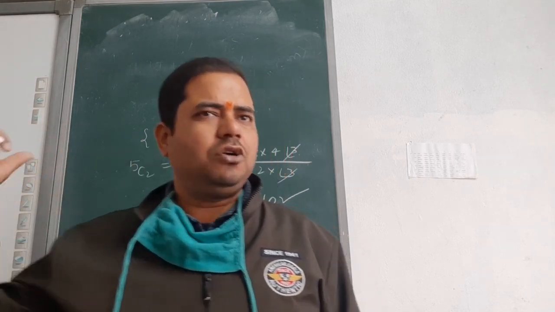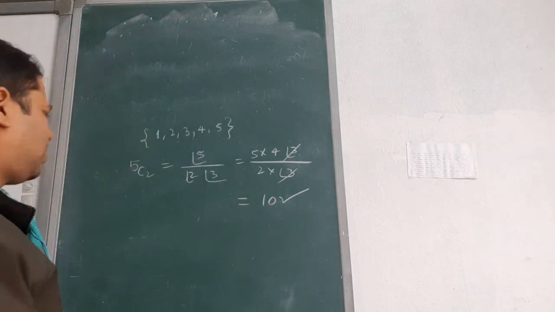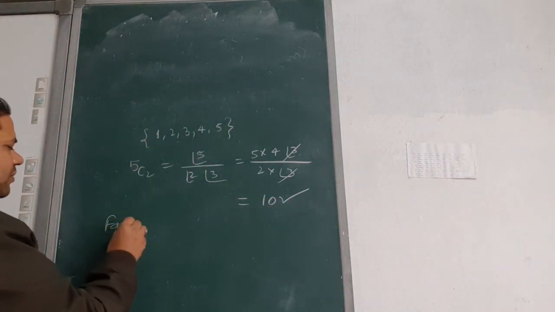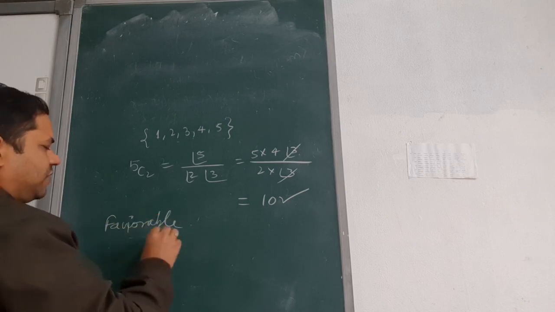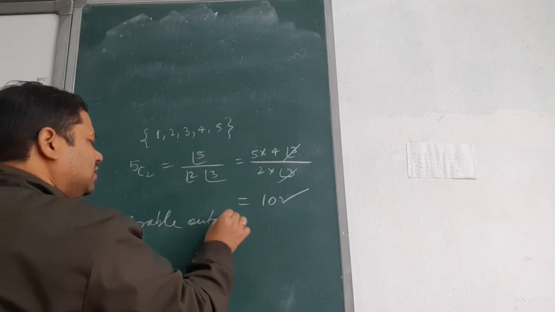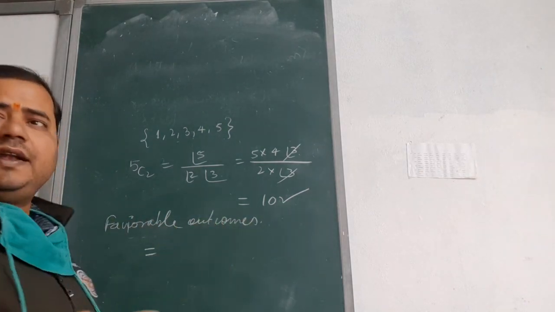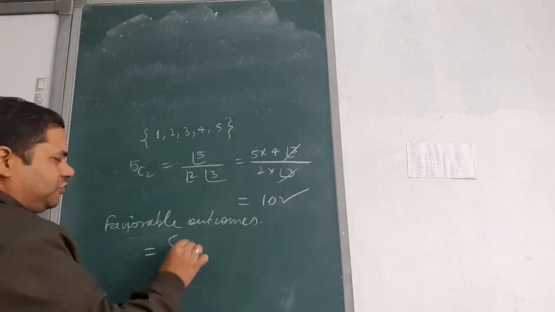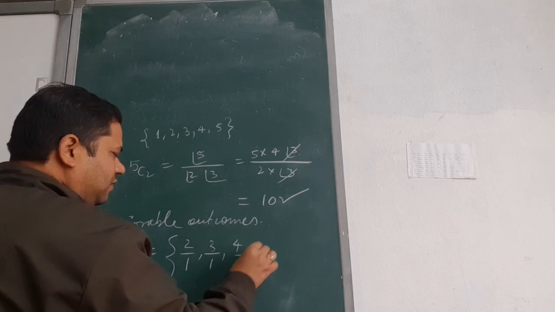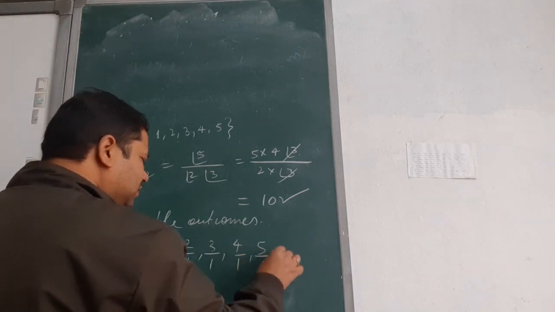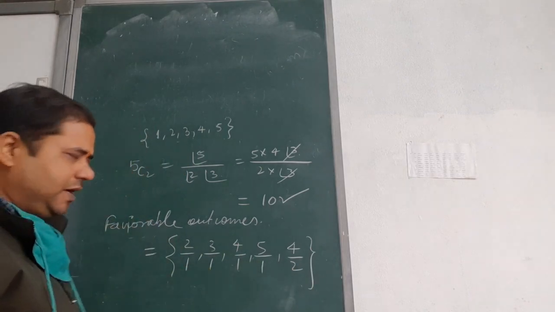A does not equal B also. Clear? And now the favorable outcomes, that means A by B is an integer. So this is nothing but 2 by 1, 3 by 1, 4 by 1, 5 by 1, and 4 by 2. Why can we not take 2 by 2, 3 by 3?